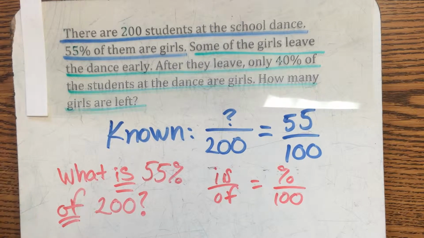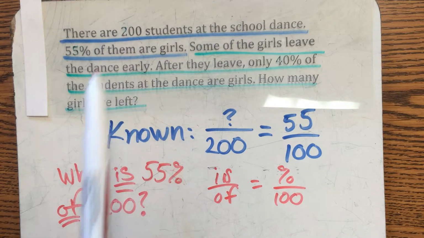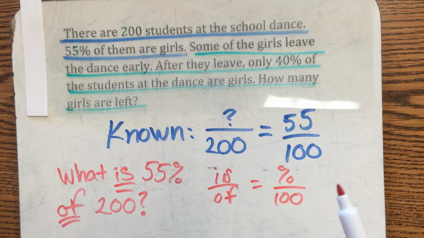Make sense? What is, that's why there's a question mark, what is 55% of 200? I want to know how many girls are there to begin with, right?